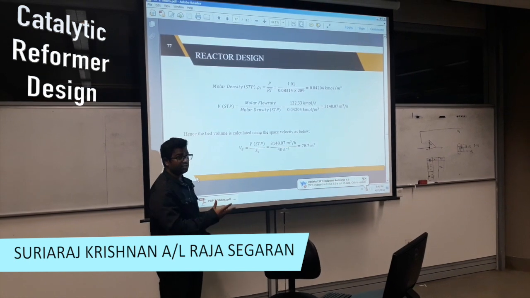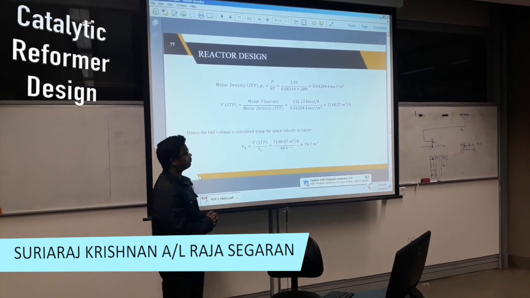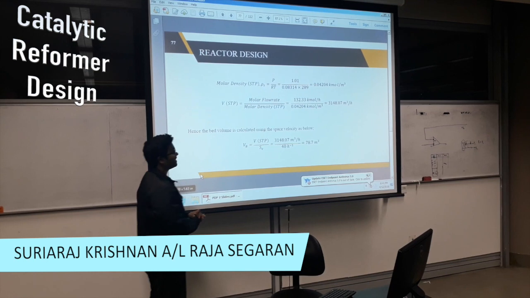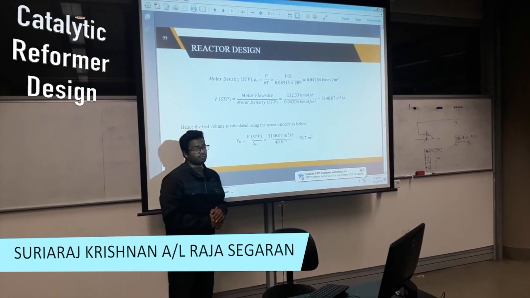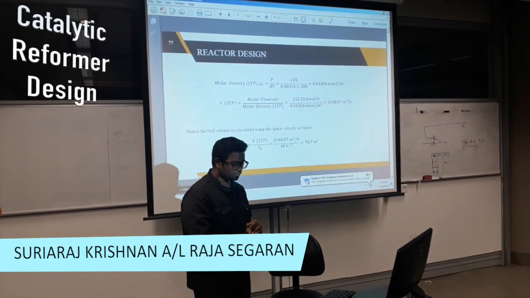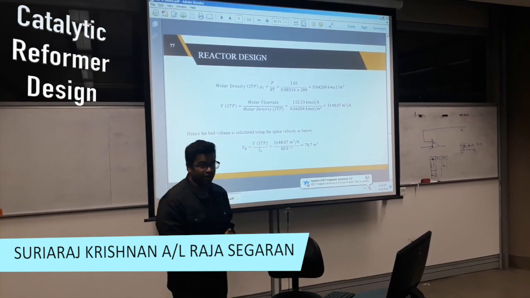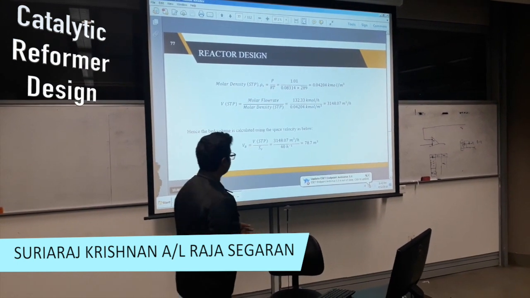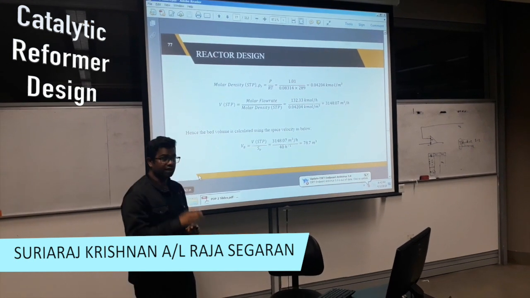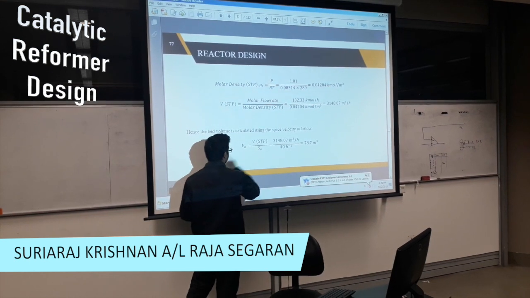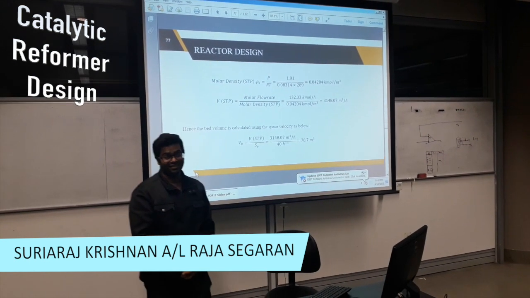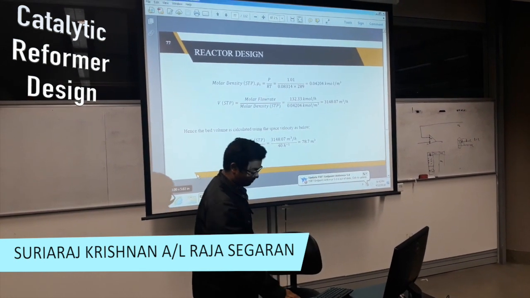Using that value, we divide the molar flow rate by the molar density at standard condition to get the volumetric flow rate at standard condition. Dividing that by the space velocity, we can get the volume of the bed of the reactor.